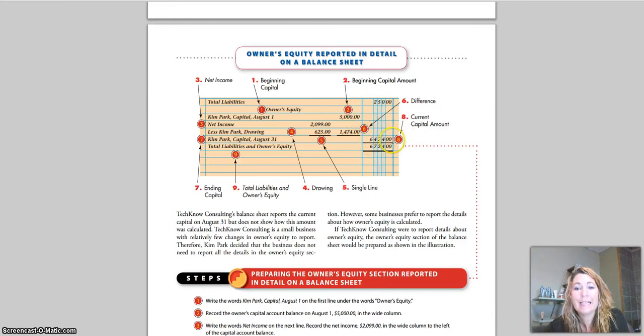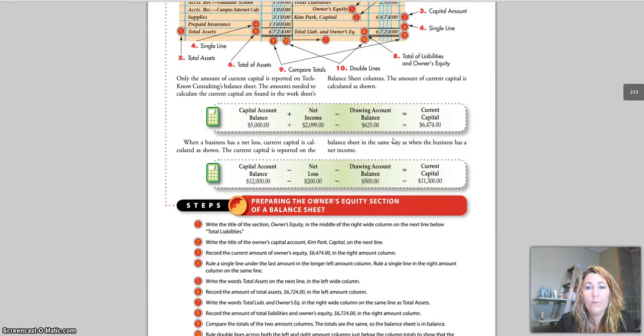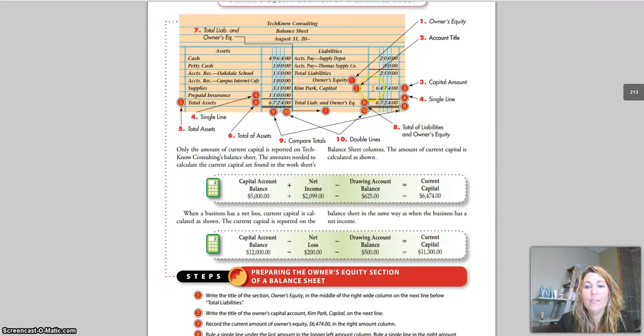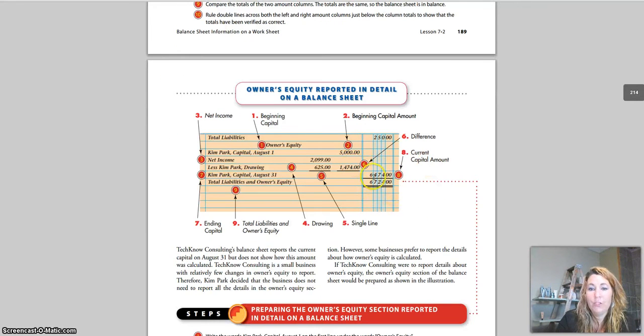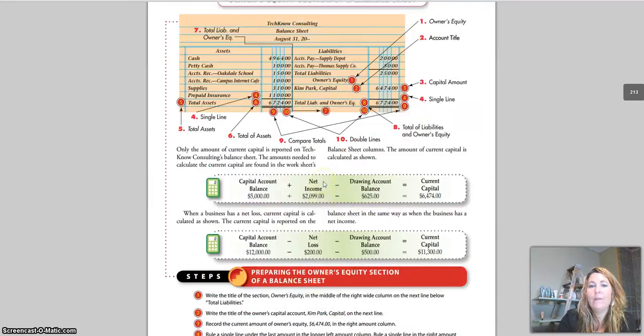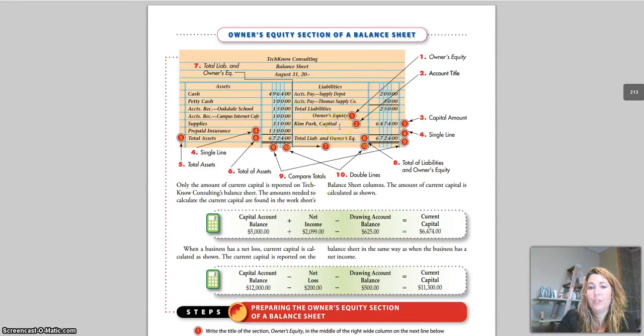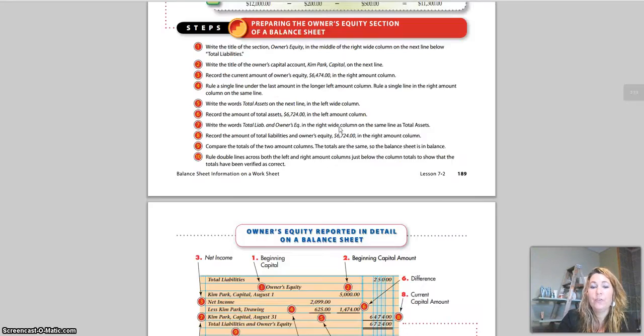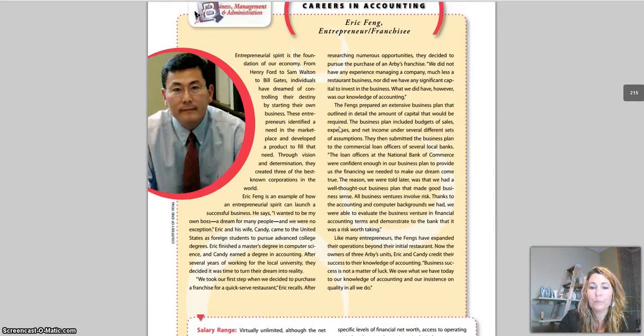So this is the exact same thing we got when we did it this way, except we did this on scrap paper and did not actually do it onto our balance sheet. And then they went ahead and totaled it up the same way. So you just need to know that this type exists, and this is actually a detailed list of what we did. However, we're going to just be writing it just as capital. So make sure you figure your capital correctly.